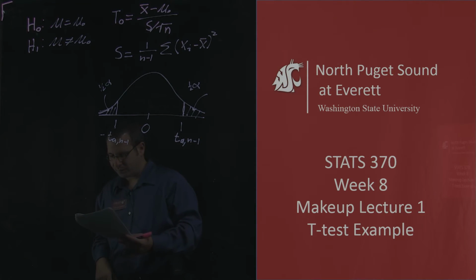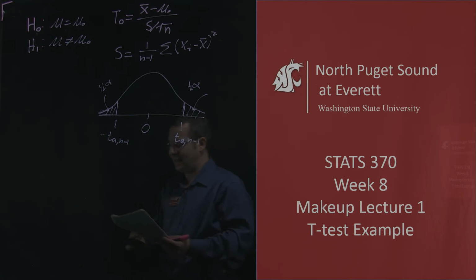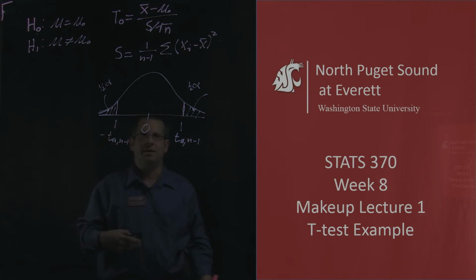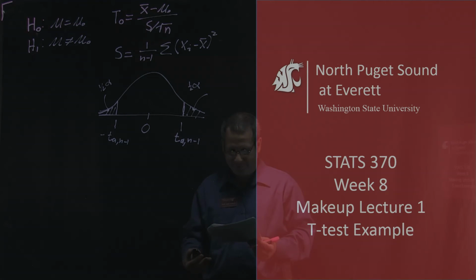All right, so let's go ahead and do an example. In the example I'm going to give, there's some biomedical device that has an approximate normal distribution.